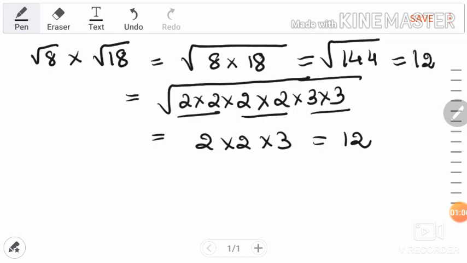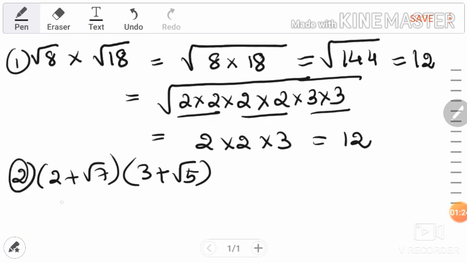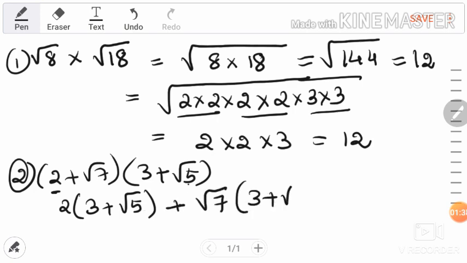Let's find the product of 2 plus root 7, 3 plus root 5. Multiply the first number with both terms of the second bracket. So 2 times 3 plus root 5 plus root 7 times 3 plus root 5.